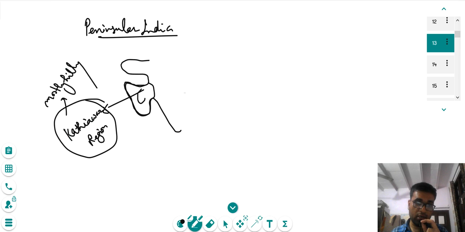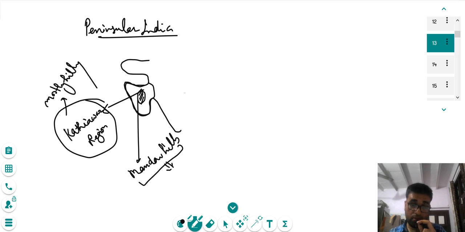In the central part, it has the Mandav Hills, and Mandav Hills form the radial drainage, right?